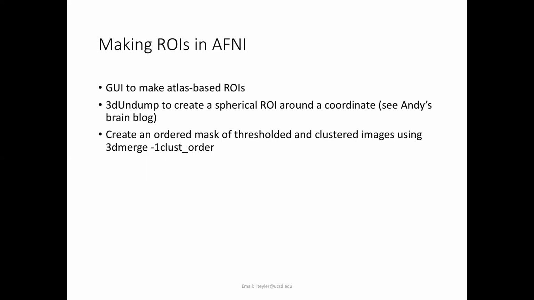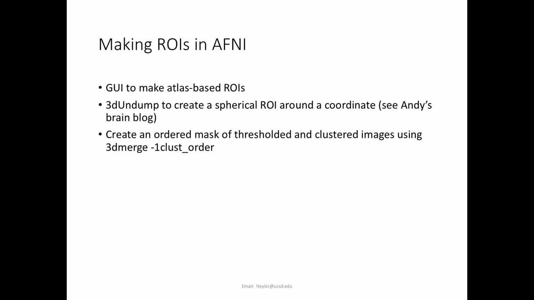So you can say, I want Brodmann's area 9, and it will paint it on whatever anatomical underlay you have, and then you can say, fill that with ones for the left, and fill the right BA9 with twos, and then save that out. Then you'll have a mask that's zeros everywhere and ones in the left and twos in the right Brodmann's area 9.